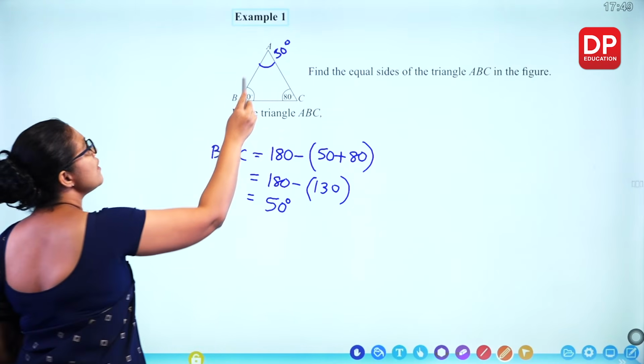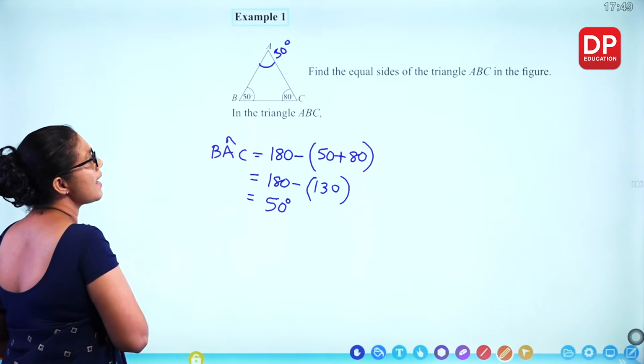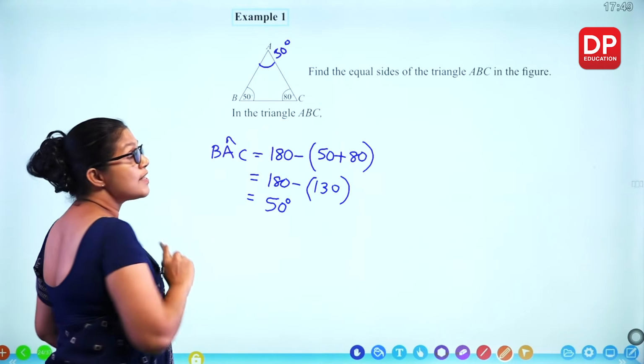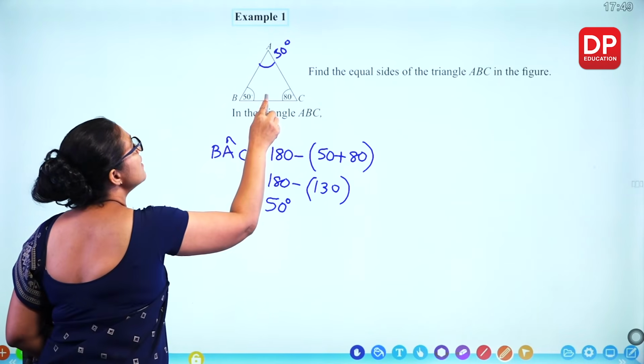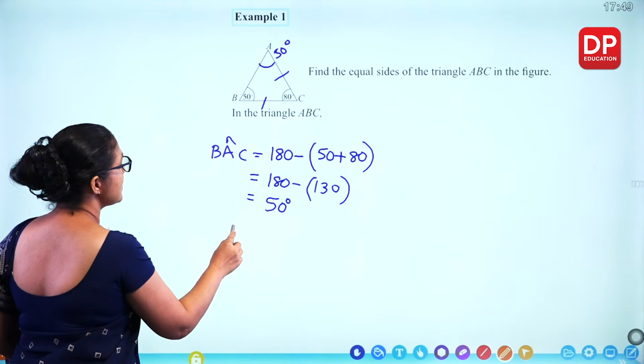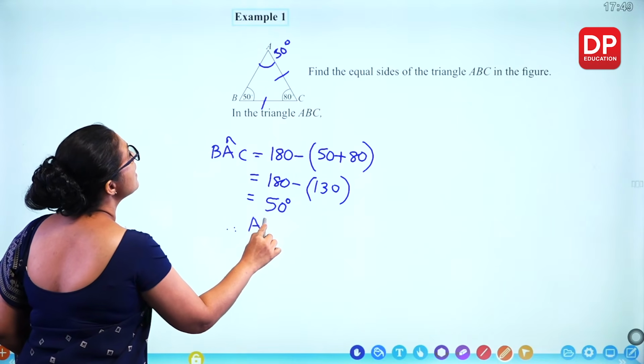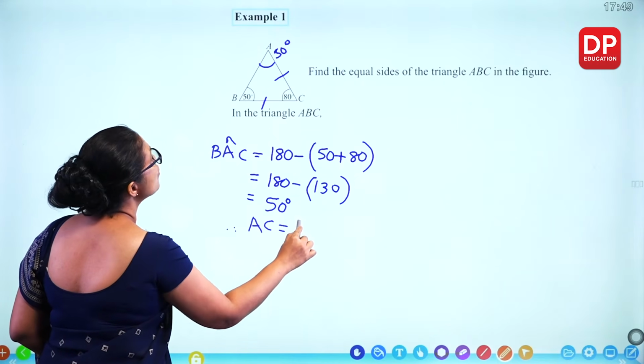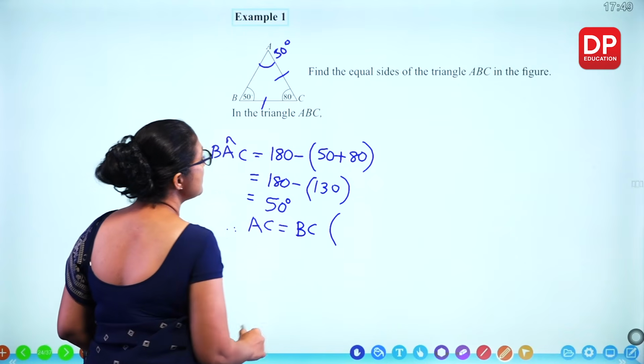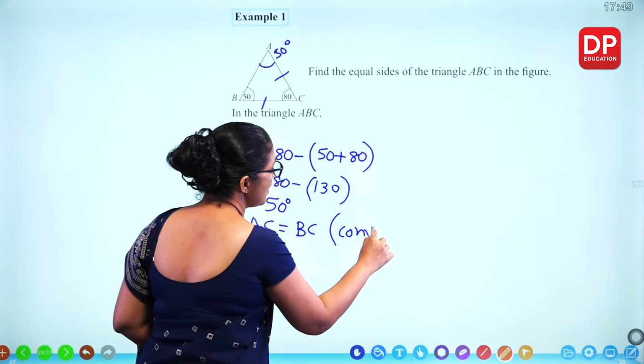Now look carefully. This angle is equal to this angle. So according to the converse of isosceles triangle, what can you say? We can say AC is equal to BC. So this is converse of isosceles.